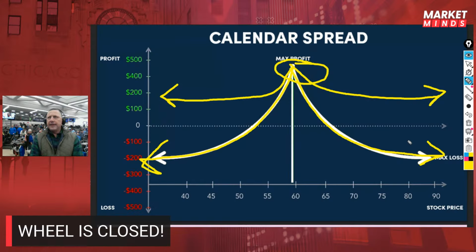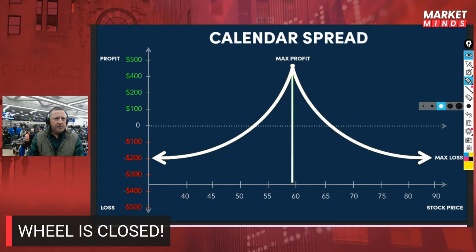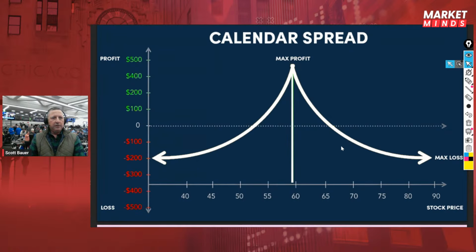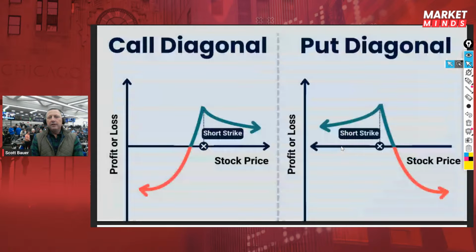Okay, does everybody understand that? So again, you see the calendar spread P&L here and the diagonal spread P&L here.